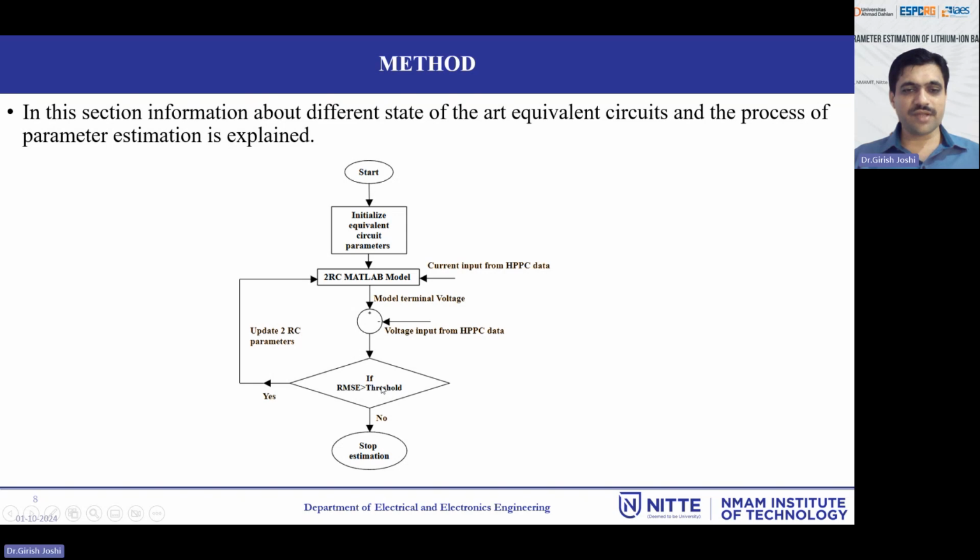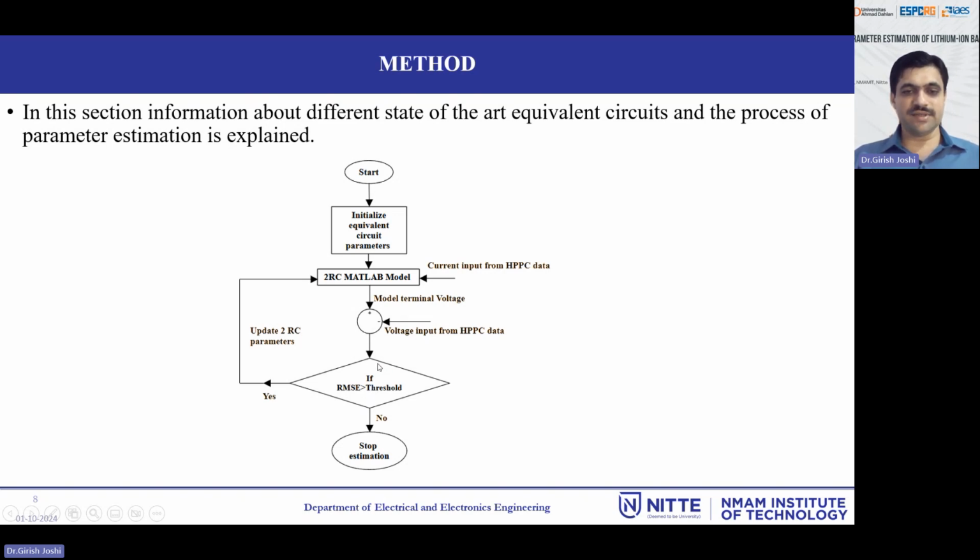If the calculated RMSE is greater than the threshold value, the values of the equivalent circuit parameters, the R's and C's, get updated, and the iteration is repeated. This iteration is repeated until the threshold value becomes greater than the present RMSE value.